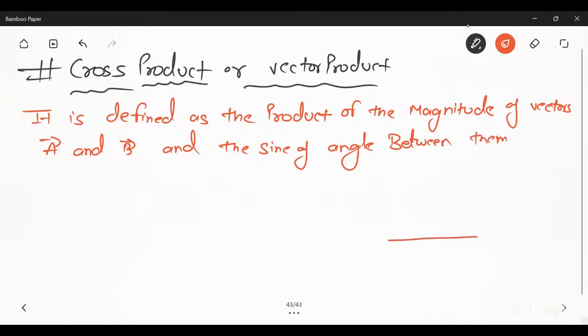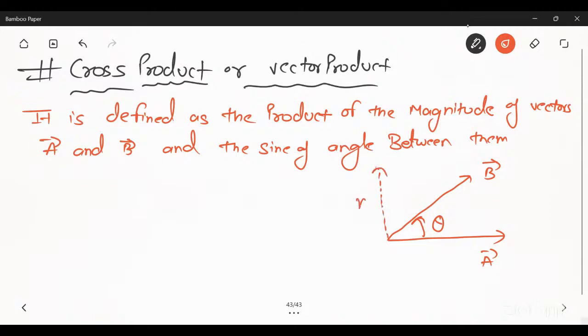Now suppose that is vector A and that is vector B. If you go in the anti-clockwise direction, applying the right hand screw rule, if you curl from A to B, your thumb represents the direction perpendicular to those vectors.